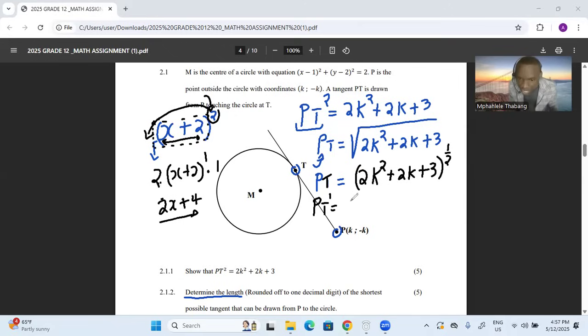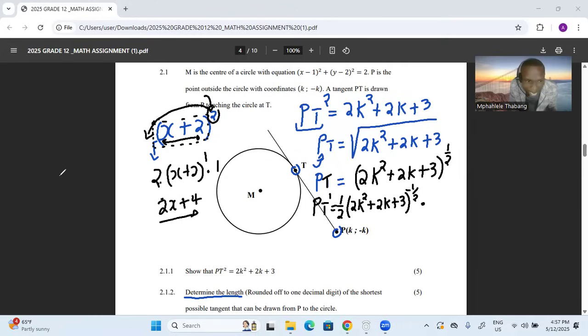So I'm going to bring a half at the front, and then write 2k squared plus 2k plus 3, and then I go back to the exponent and subtract 1. My exponent is half, so I subtract 1, it's a negative 1 over 2.